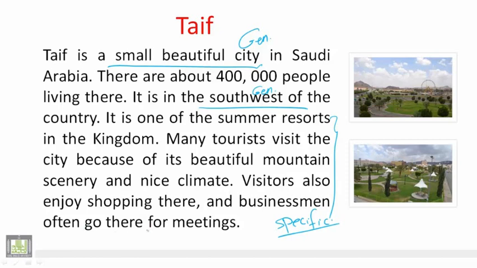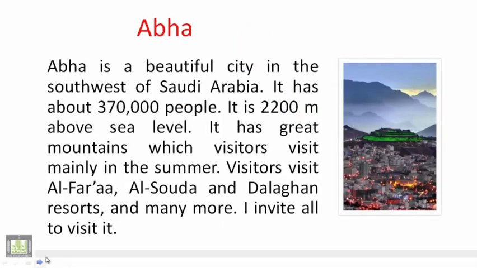Now let's move to another description paragraph, and we will see also how it starts with general information and goes down with more specific information. This one is about Abha. It starts with general information, as we said.